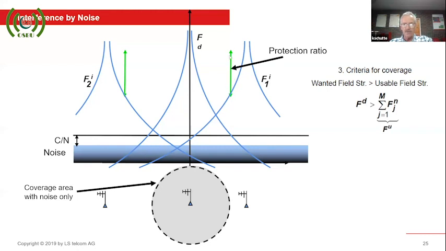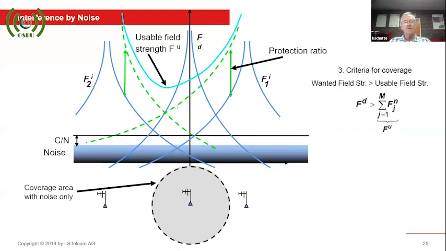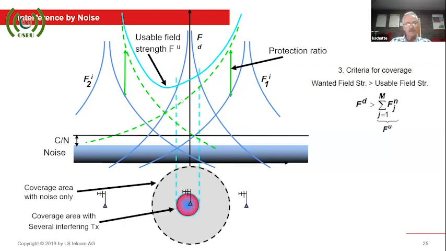We've got a certain protection ratio, and then we expand the curve for the protection ratio, and then we get to a usable field strength, which is because you've got more than one affected or interference, and that's summarized in the actual effective usable field strength, because this is now a nuisance field that's introduced there.